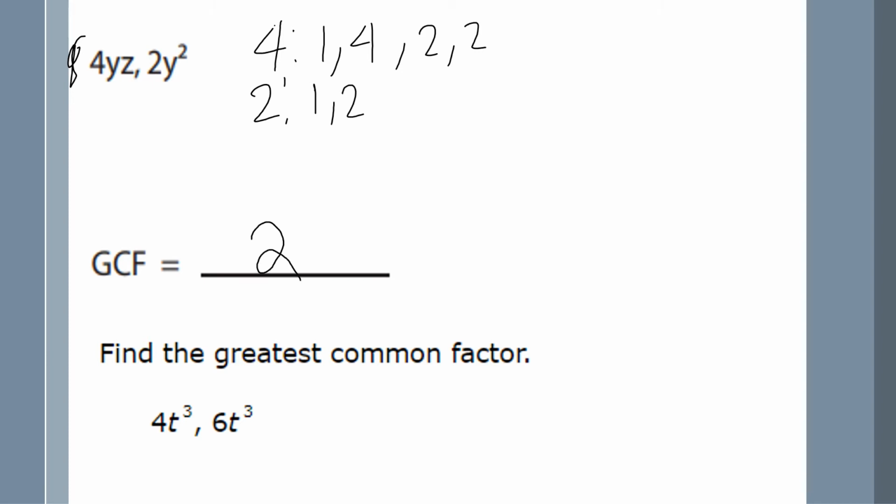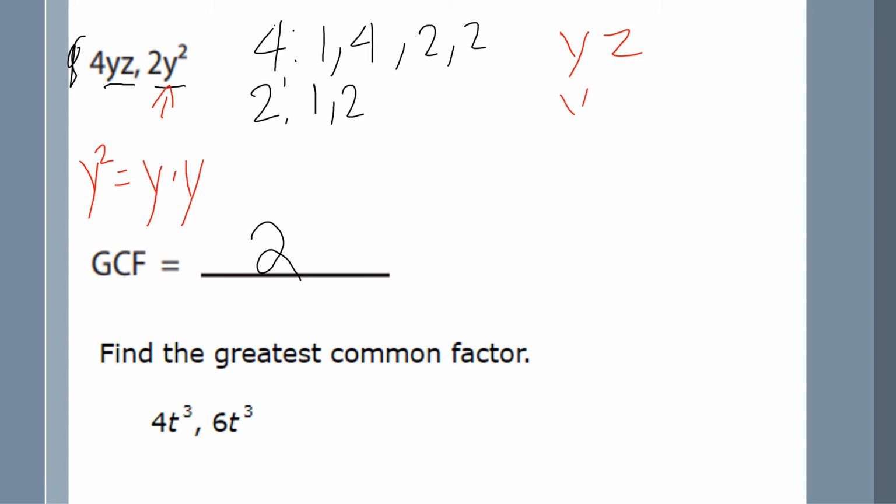Now, we have to continue with the variables. So 4 has a variable of y and z. 2y has y squared, but we know y squared could be rewritten as y times y.